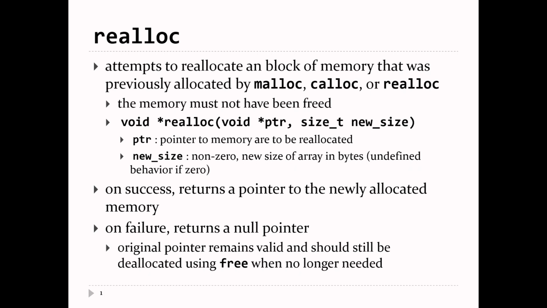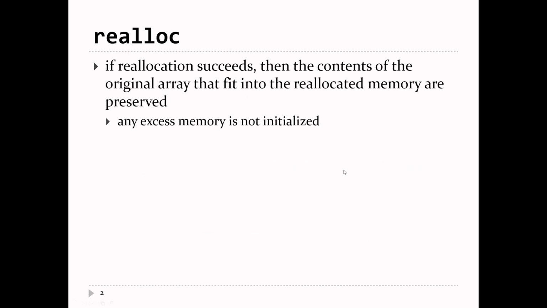If you expand the size, then everything that was there is still there. But like malloc, if you allocate extra memory, that extra memory is not initialized, so anything could be sitting in it.